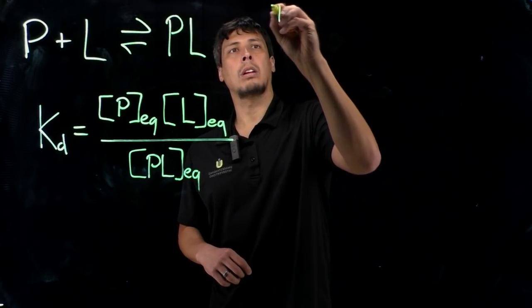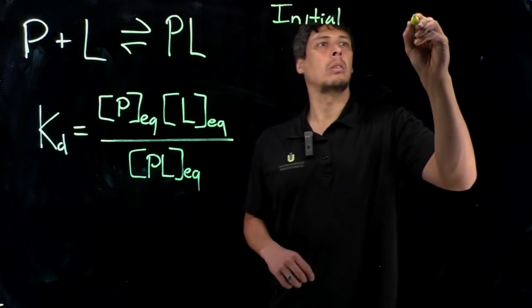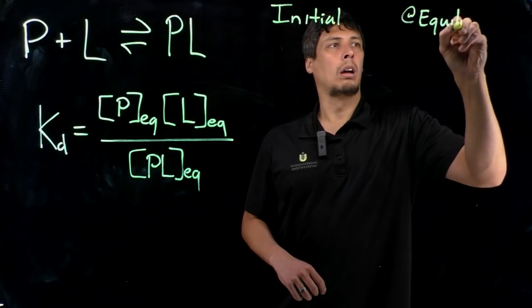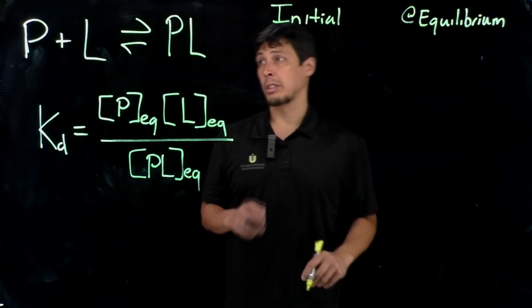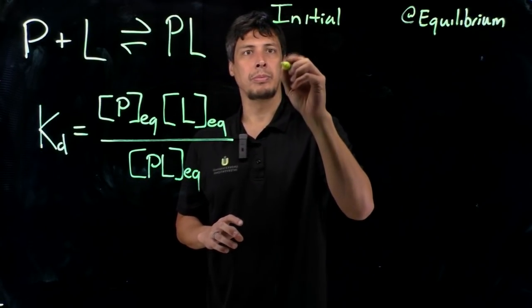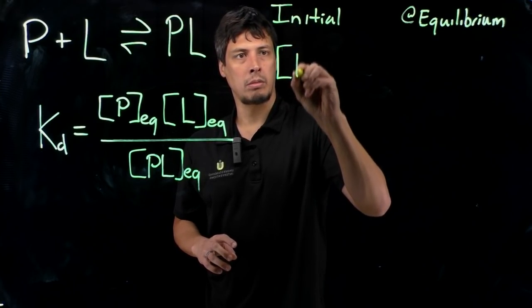So if we think of our concentrations as initial and at equilibrium, we can always think about the concentrations from an initial state and the equilibrium state. So we start with protein.